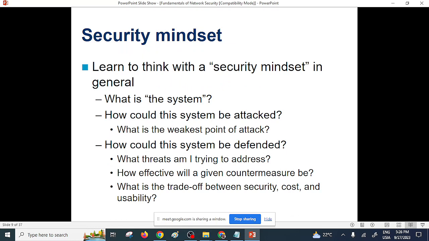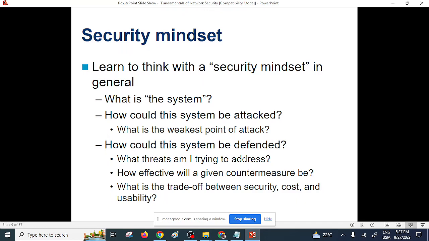So to be a good network security student, or if you want to practice good security, you need to have that security mindset, right? What specifics are you dealing with? When you talk about security, as I've mentioned, there are a lot of things. Are they the guards manning a particular building? Are they the system, such as the computer?